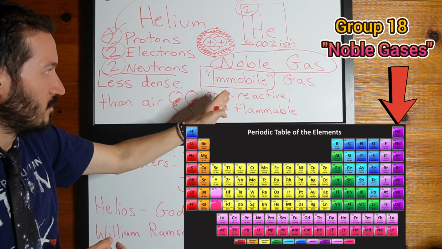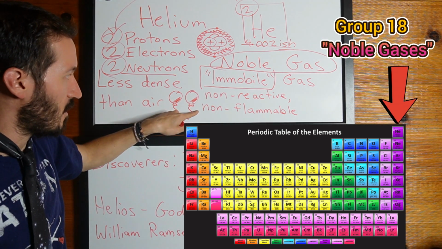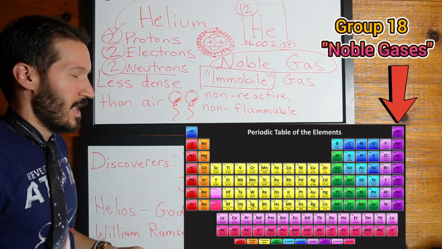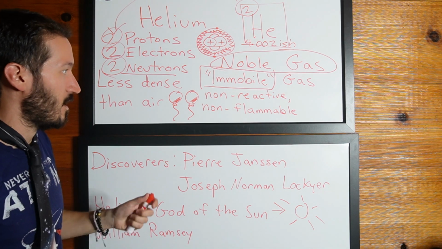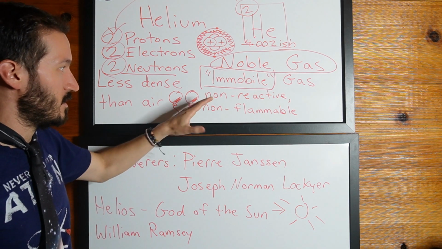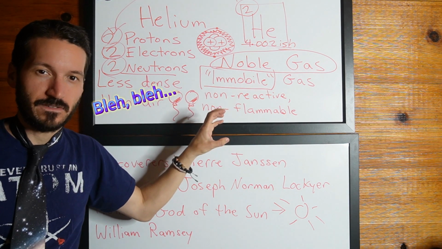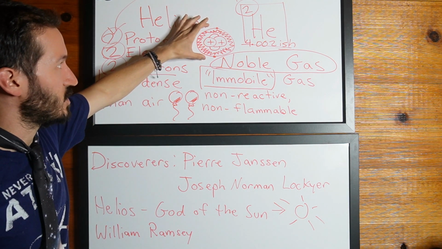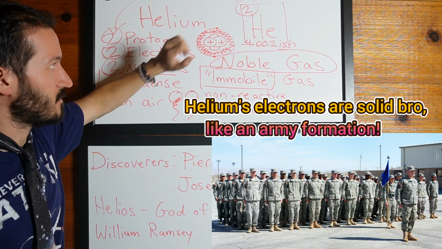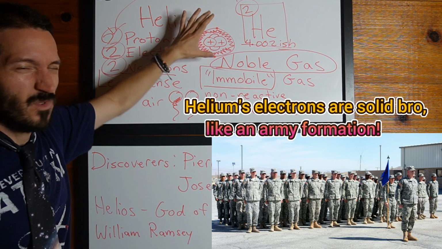They're very immobile, which means they're non-reactive, non-flammable, and they have a couple of other fascinating traits. The reason they don't react, unlike hydrogen, which is very reactive, is really because of this formation in their atom. The fact they don't want to give up their electrons.